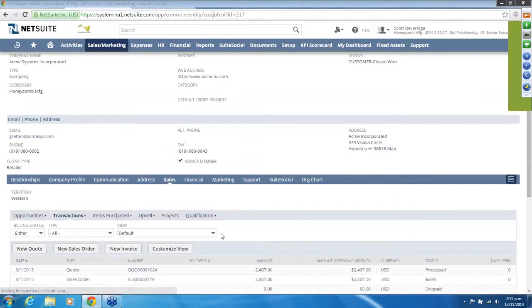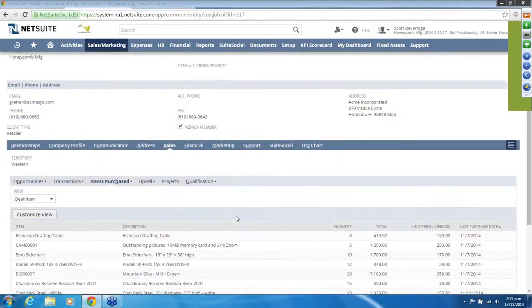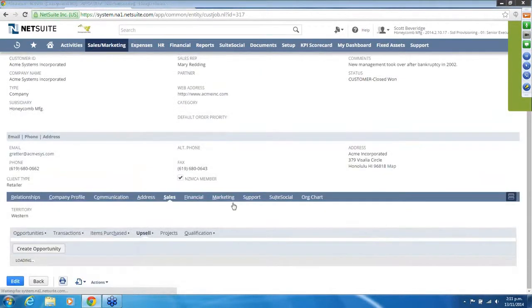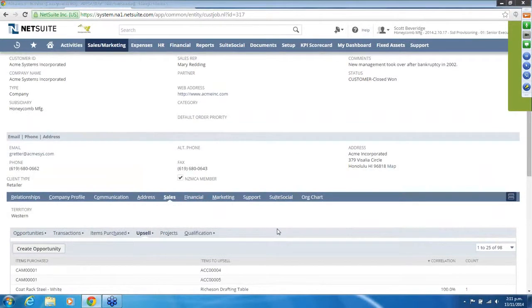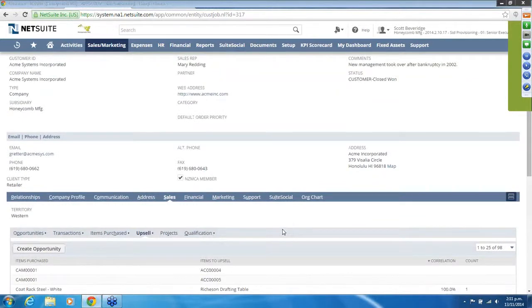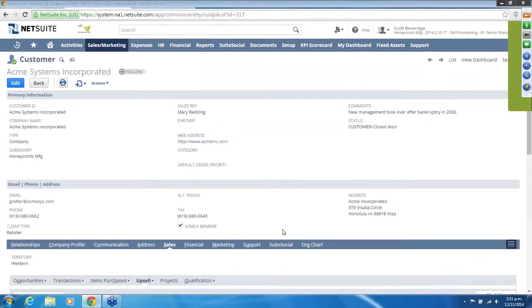What specific transactions have we processed thus far? But importantly, I can also look at which products this customer has purchased from us, and also what potential upsell items the customer could be interested in. So by a few clicks of the button, I've actually found a lot about this particular transaction and this customer.